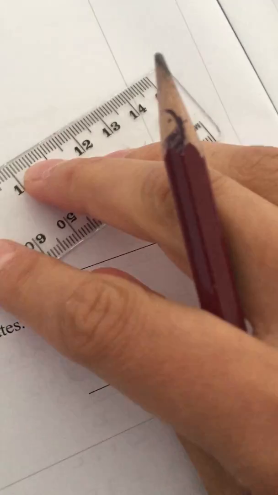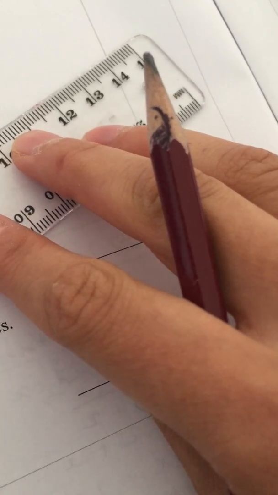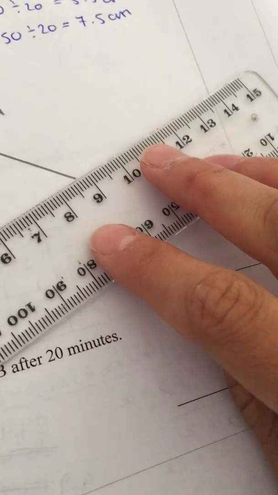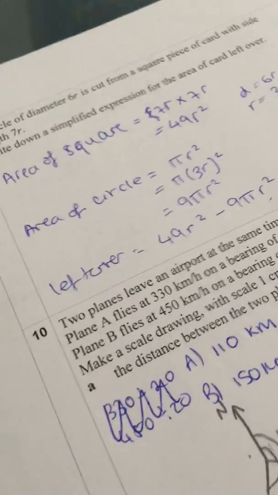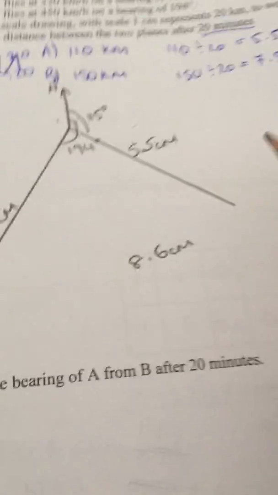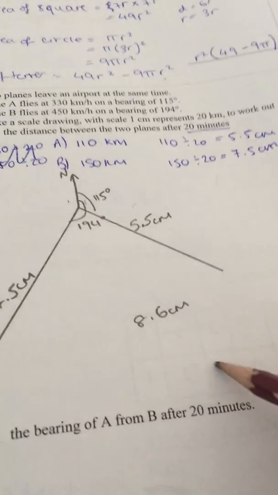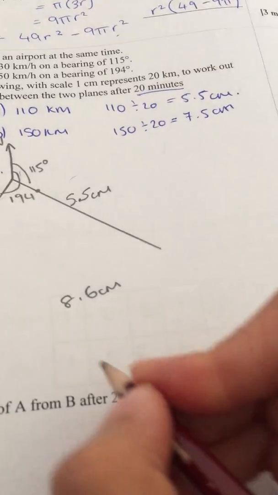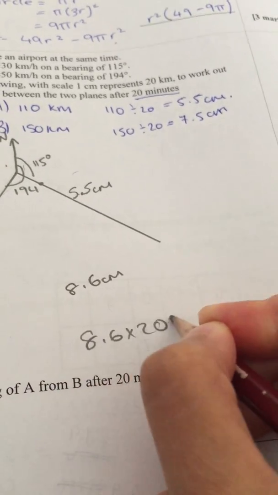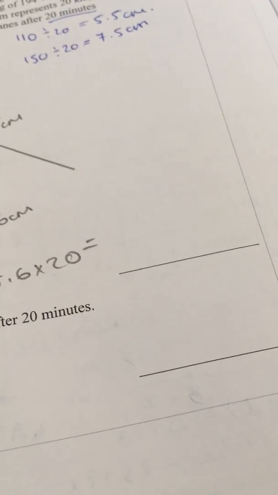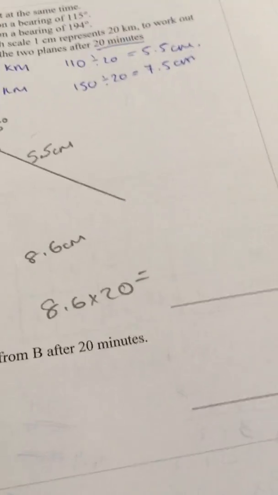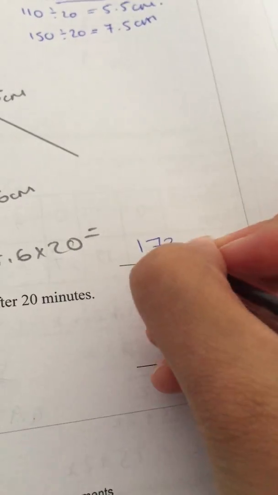I then measure the distance between them. You can see I get 8.6 centimetres roughly, depending on the accuracy of your diagram you'll get a tolerance, and we know that 1 centimetre represents 20 minutes, so we need to do 8.6 times 20, which equals 172 kilometres.